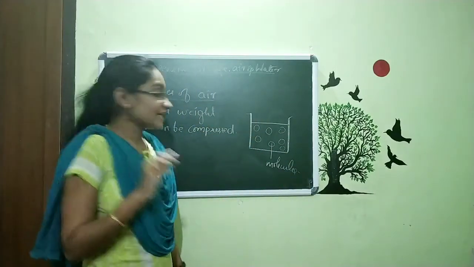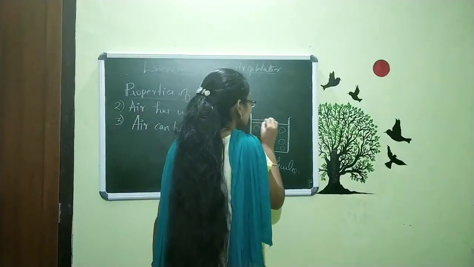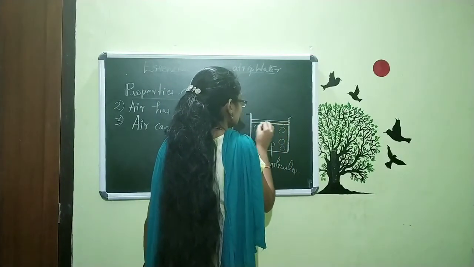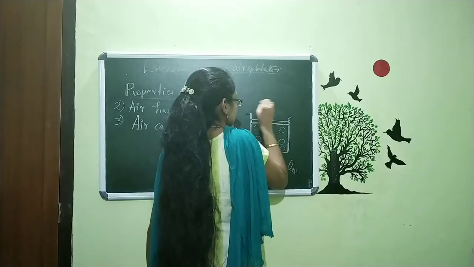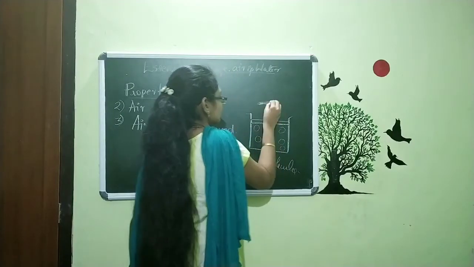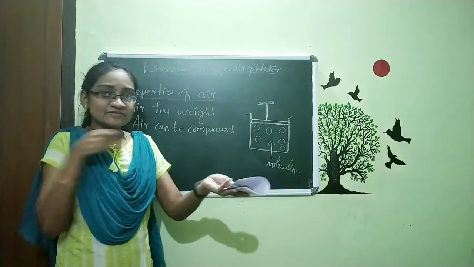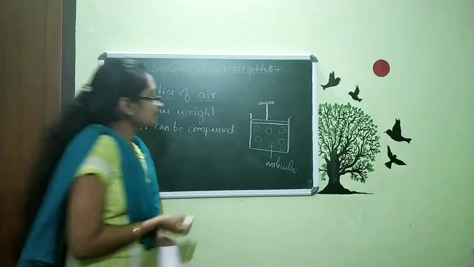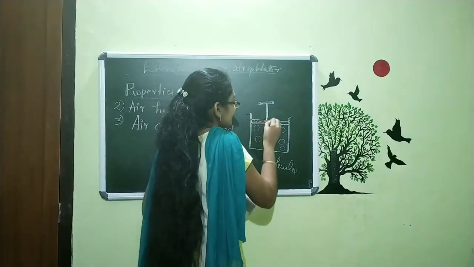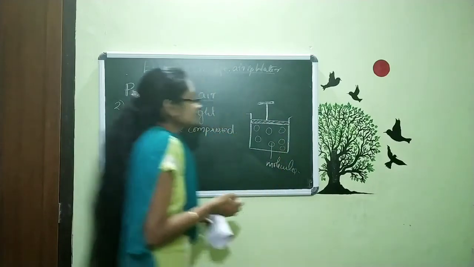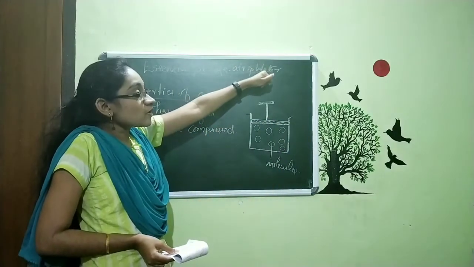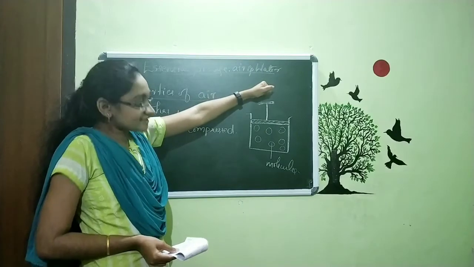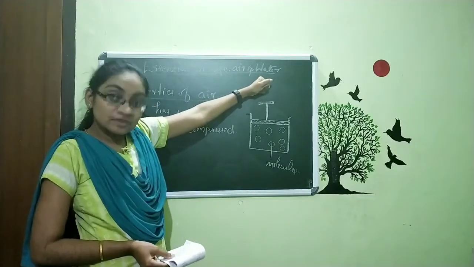Now I am going to do that. Just take one piston. Piston means the thing that we can see on the syringe. So I am taking one piston and giving force on this side. When I am pressing this, what happens?